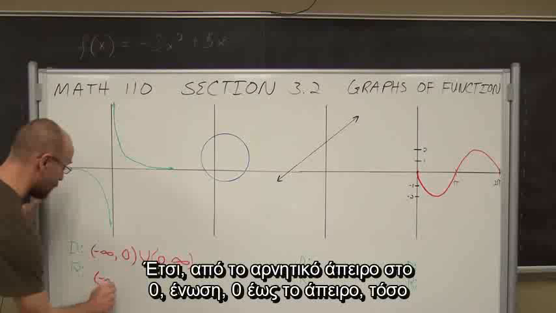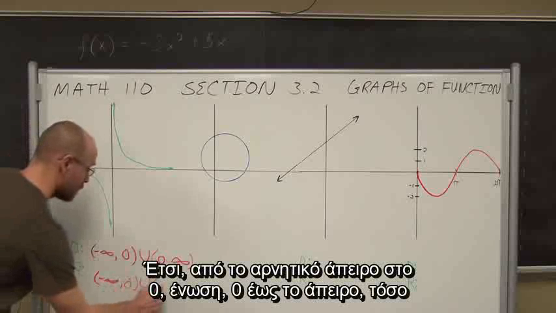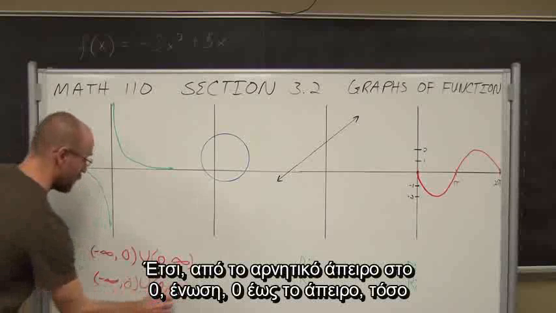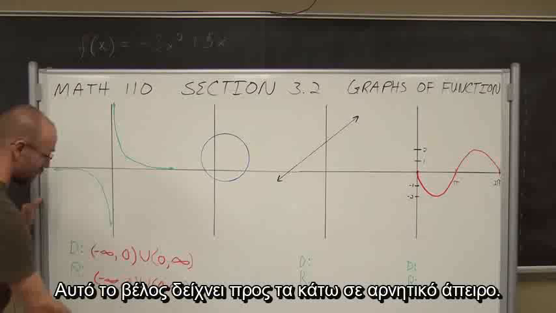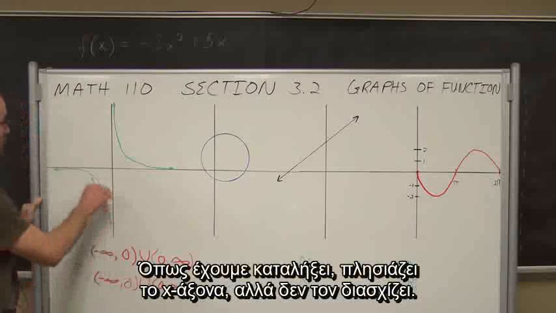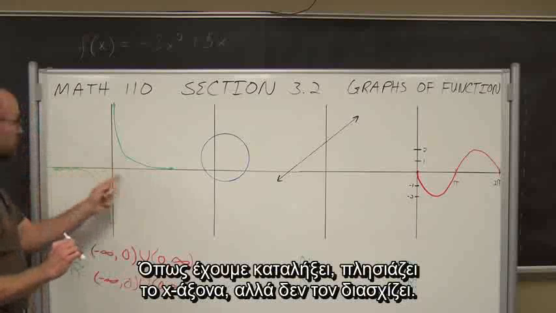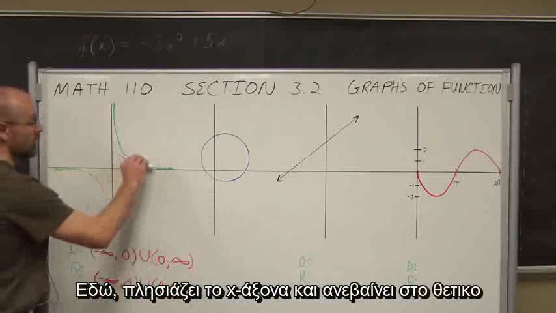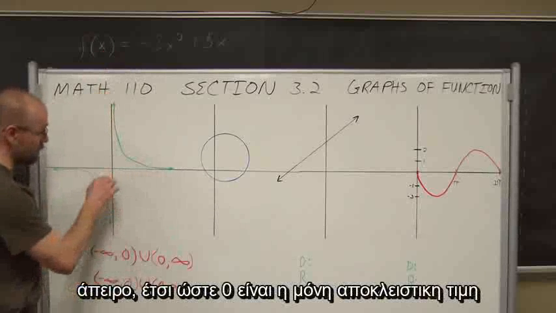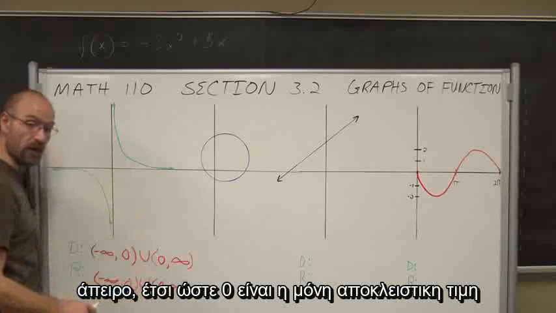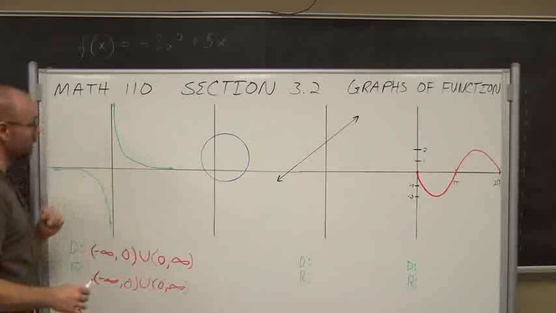So from negative infinity to 0, union 0 to infinity. All the way down here, the y values are negative. This arrow points down to negative infinity. As we come up, it approaches the x-axis but doesn't cross. Here, it approaches the x-axis and goes up to positive infinity. So 0 is the only excluded value. So we have the domain and range of this function.